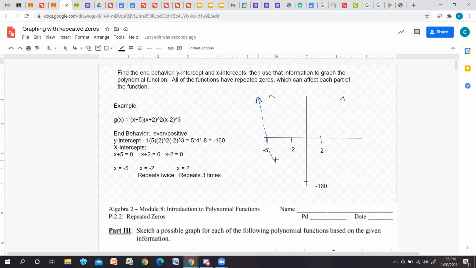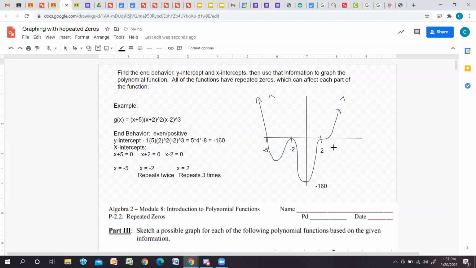Okay, then at negative 2, again, it's even repeating, so it just goes like this. The word is even multiplicity. How many times does it multiply together? And that means it does go properly through negative 160. And here it sort of flattens out because it's odd multiplicity is the word we use. And it goes back up.